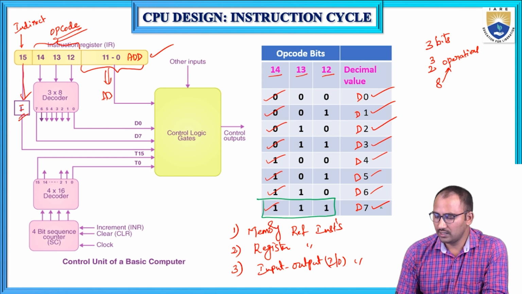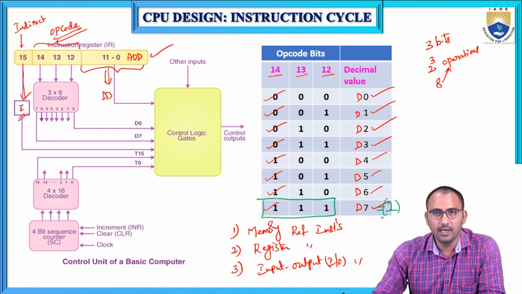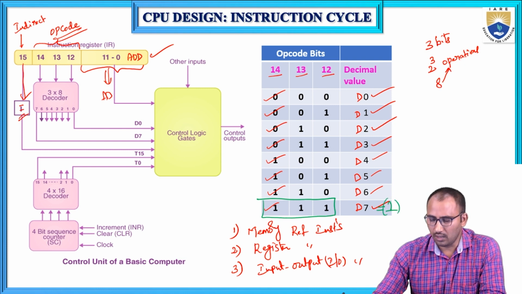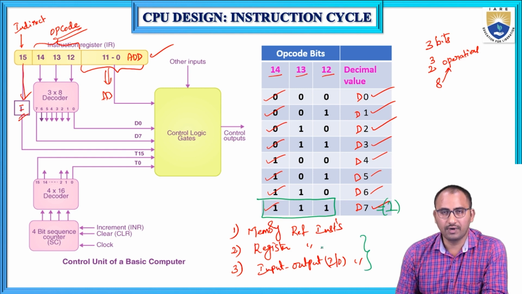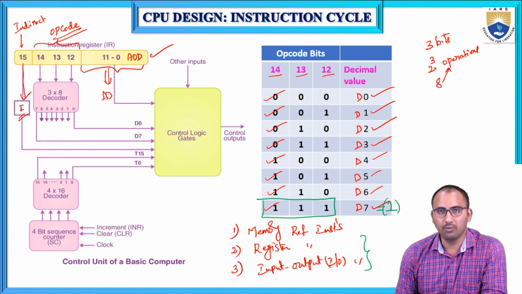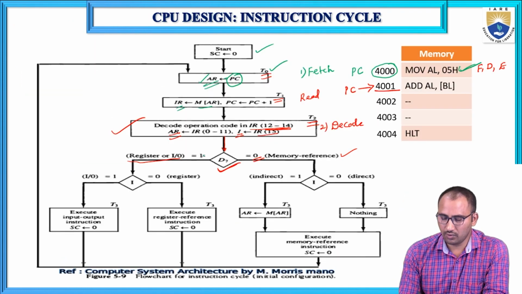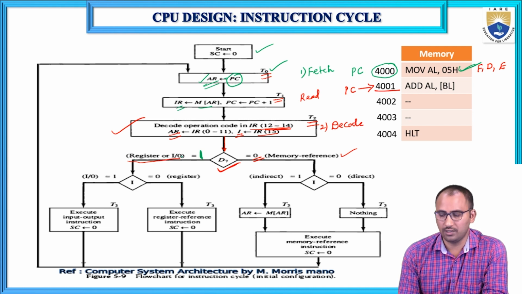When D7 is equal to 1, that means all the opcode bits are equal to 1, and the instruction may be a register reference or IO reference instruction.